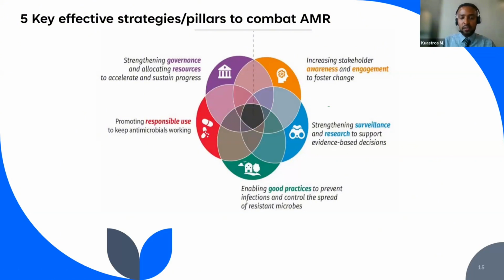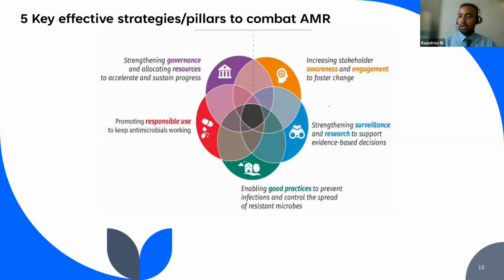So good practice is really important, particularly infection prevention interventions, which are an important strategy to combat AMR. And the last, but not the least, pillar is responsible use: those who are using antimicrobials should use them properly.